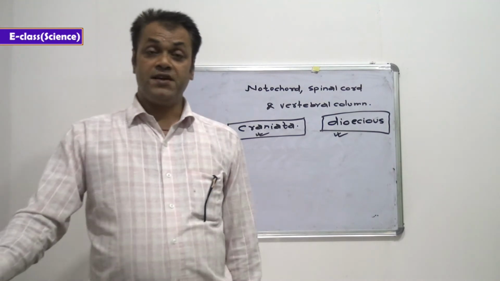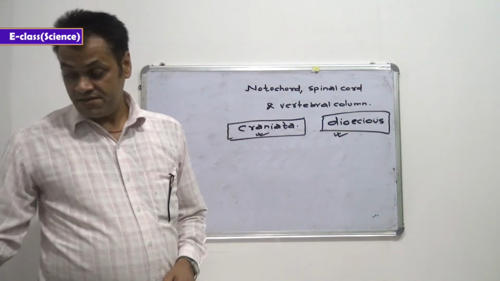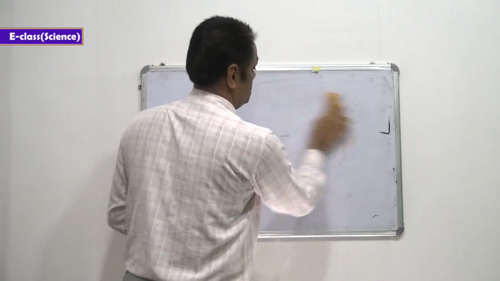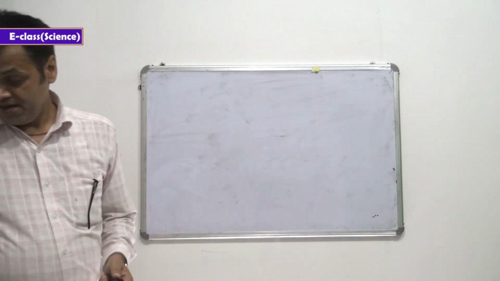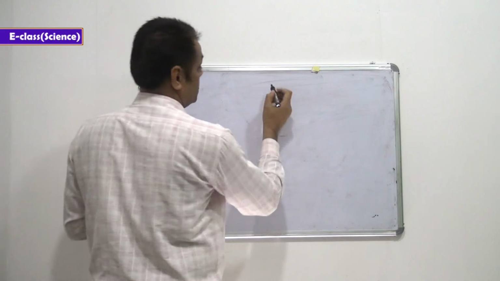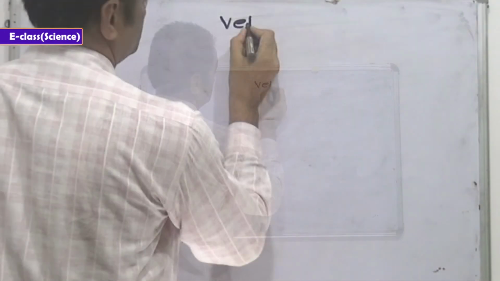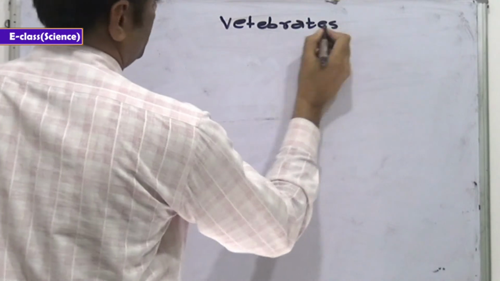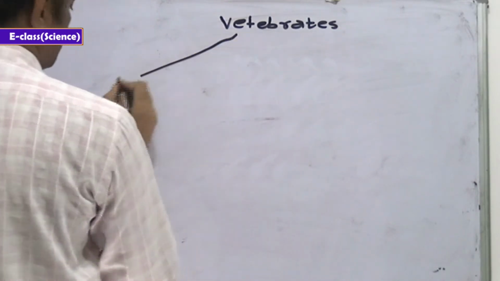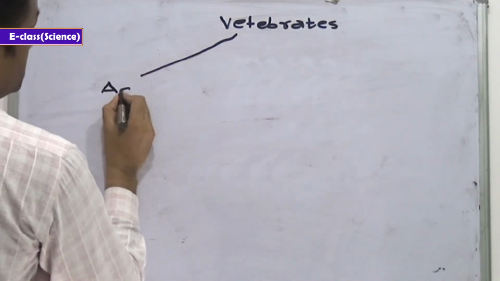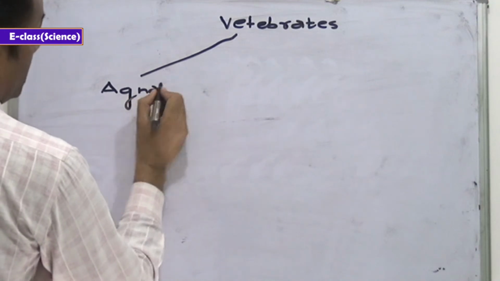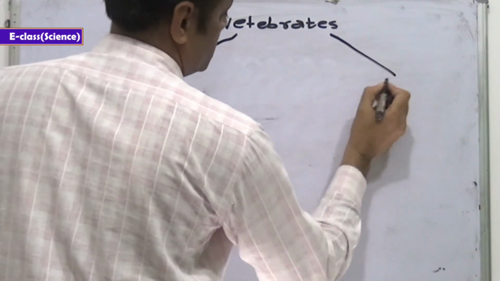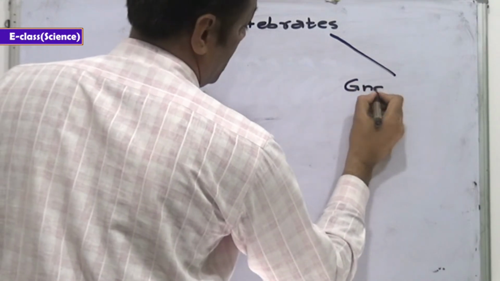Now, vertebrates can be classified in this way. Vertebrates come into one division that we call Agnatha, and another division that we call Gnathostomata.